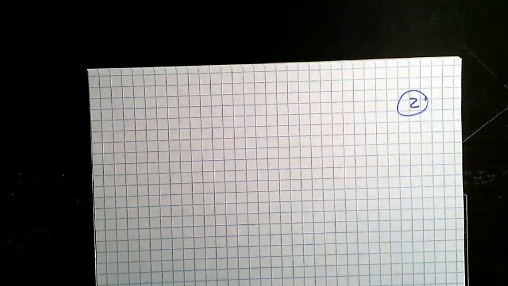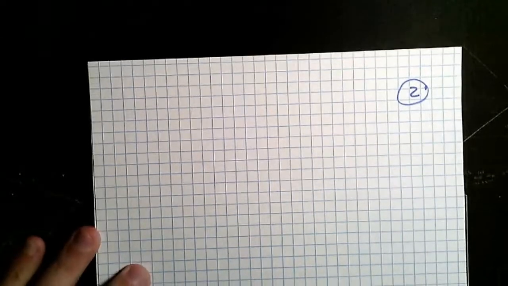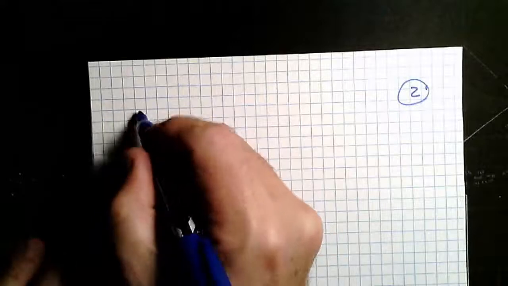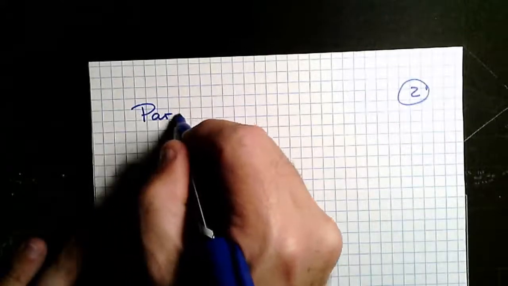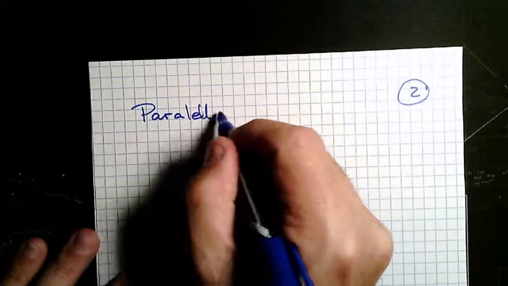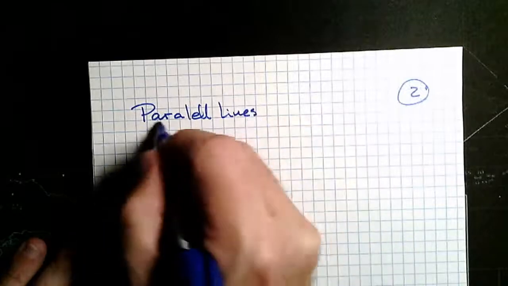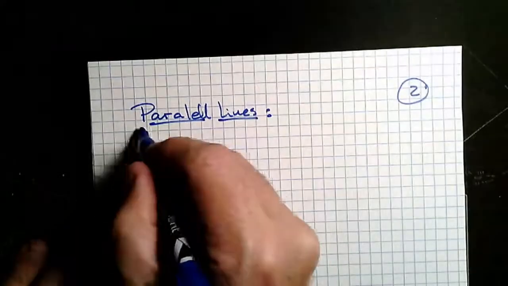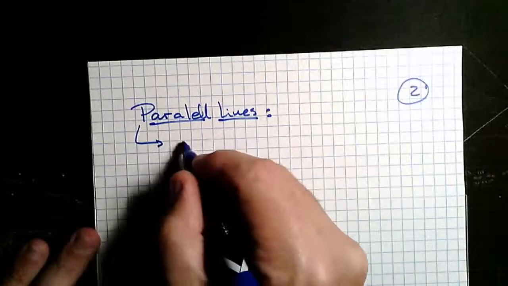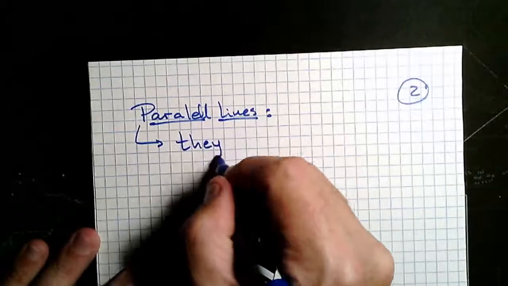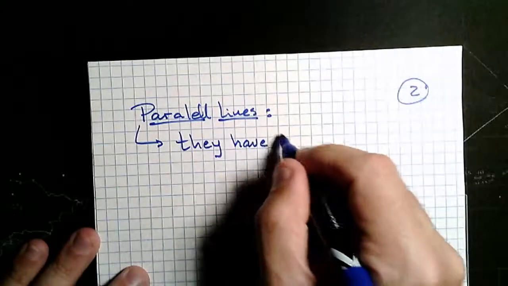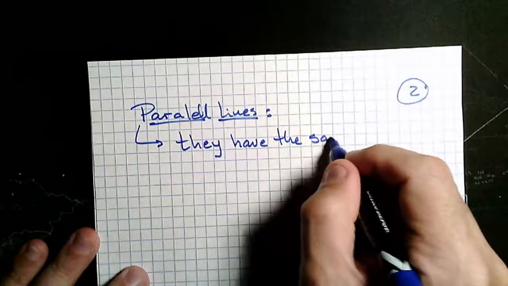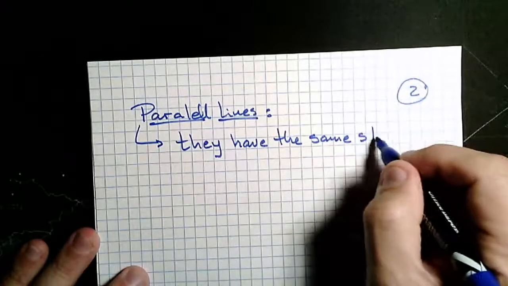Let's talk about a particular line. When two lines are going to be parallel. So let's talk about parallel lines, okay? Two lines are going to be parallel if and only if they have the same slope.